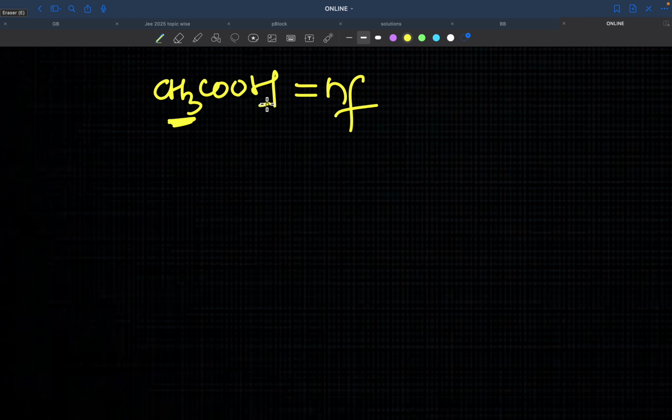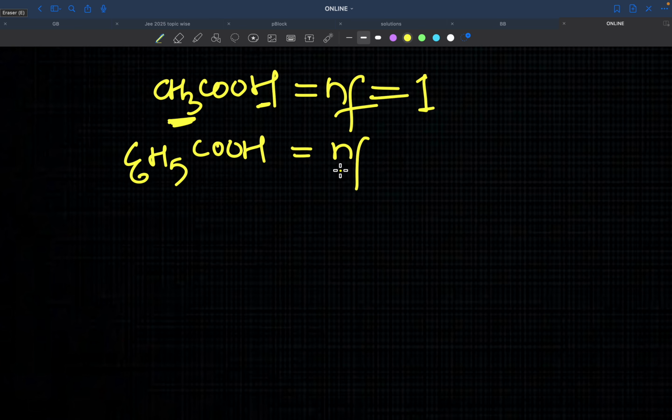This hydrogen is connected to oxygen, therefore the n factor is 1. Now benzoic acid, C6H5COOH. Tell me its n factor. It comes to 1, since these 5 hydrogens connected to carbons are not displaceable.